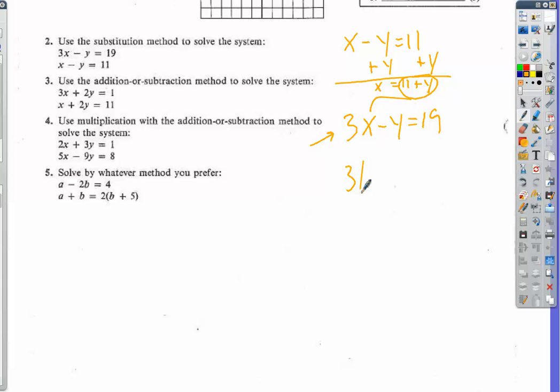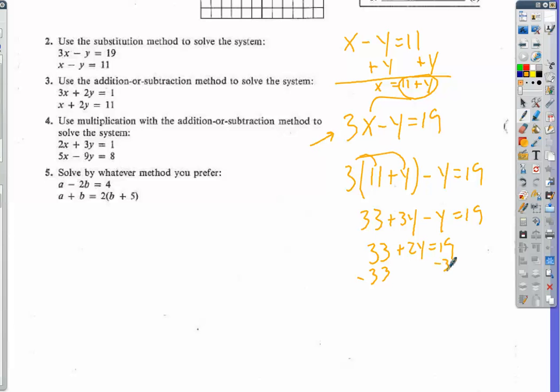So 3 times 11 plus y minus y is equal to 19. Distribute, so we have 33 plus 3y minus y is equal to 19. We're going to combine similar terms, so I get the y's together. So then I'm going to subtract 33, subtract 33.